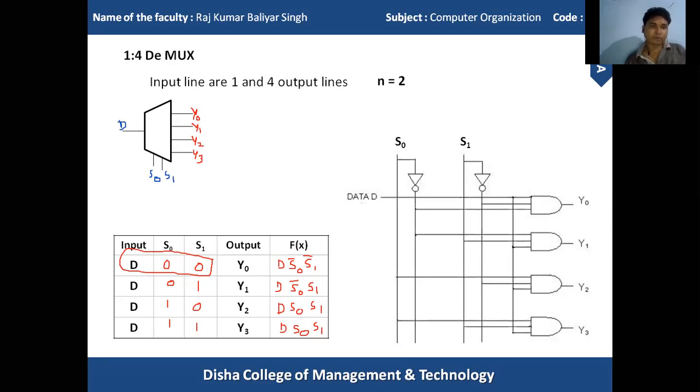Then after that you have to draw the block diagram, and you have to mention every point here: what variable you have taken as input, what variable as output, what the control lines are. Then you have to make an excitation table, and from that excitation table only you can design the circuit diagram. If there is no excitation table, we cannot do the circuit diagram. And this circuit diagram is nothing but the 1:4 DMUX.